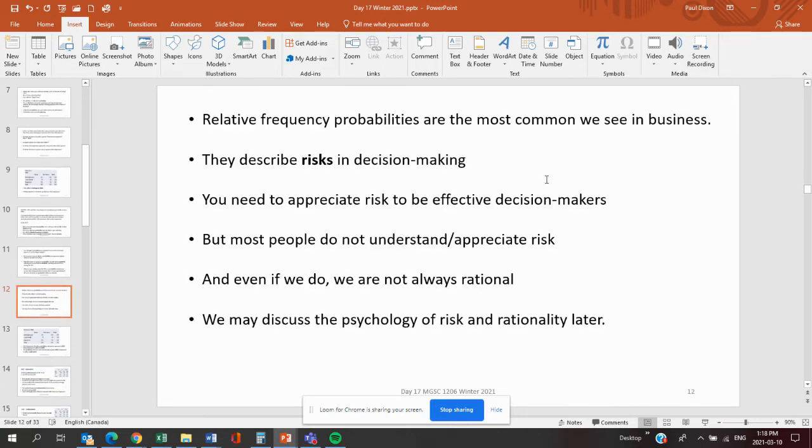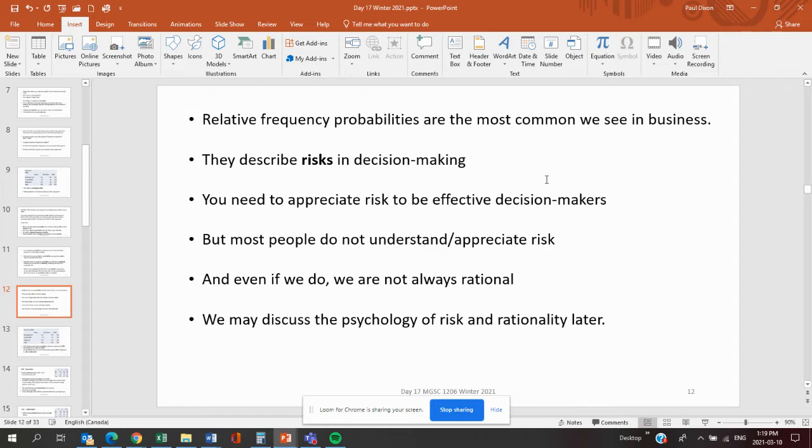Again, why do we need it? Why do people in business need this? Probabilities describe risks in decision making, and every decision involves risk. Every decision you make could be the wrong decision, and you have to appreciate the risks that you're trading off in making a choice.